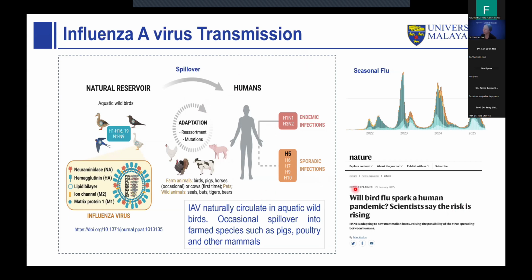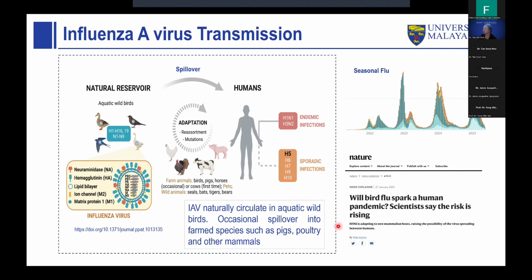But in humans, when we talk about flu infection, we usually have to think about two different transmission patterns. The first is about subtypes like H1N1 and H3N2. These are subtypes that already have an established, ongoing transmission chain in people, which can cause unpredictable yearly epidemics, the seasonal flu, as we can see here. But there is another one: sporadic avian-origin spillover.